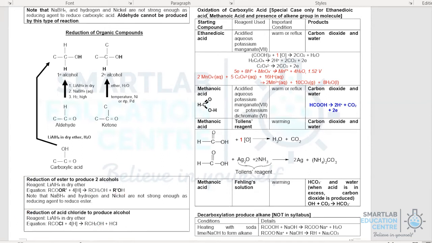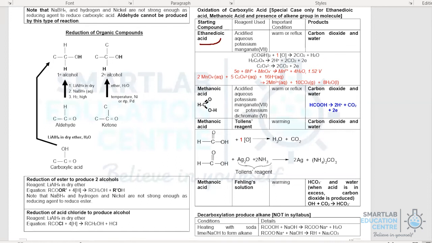Finally, we also need to correct ourselves. When we first mentioned that carboxylic acid cannot be oxidized, there are some special cases where carboxylic acid can be oxidized. Let's highlight a couple of them. First of them is none other than your ethanedioic acid. If you recap, when you first started the topic in redox titration, you were taught that the H2C2O4 could undergo reactions as indicated here, and you were also asked to memorize that the ethanedioate ion can be easily oxidized.